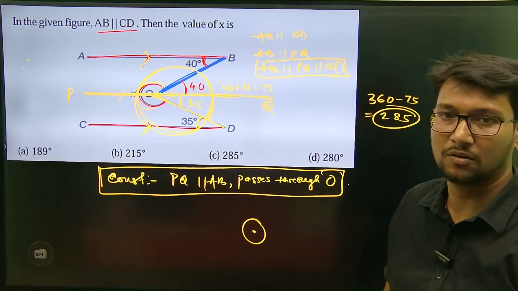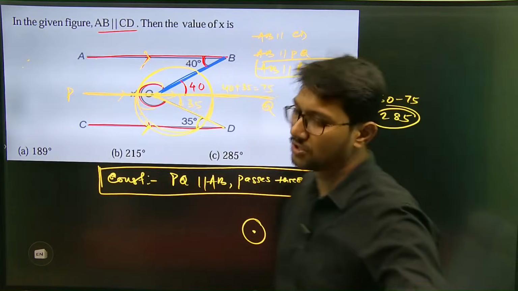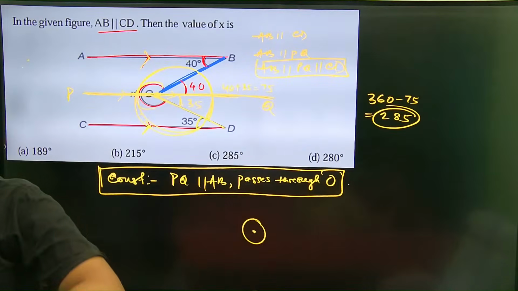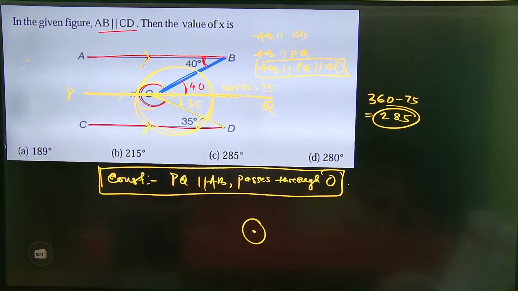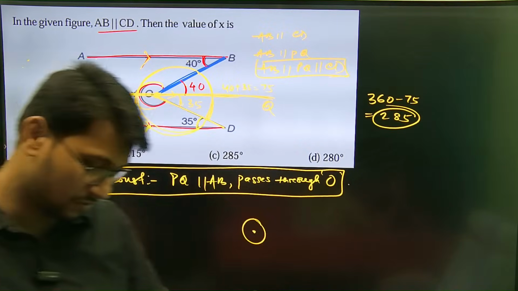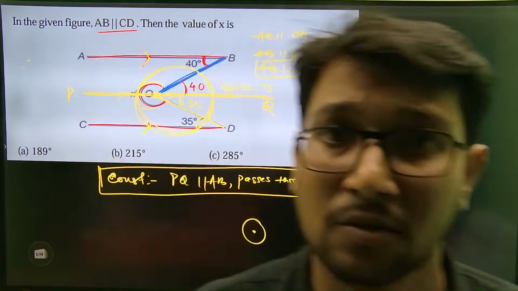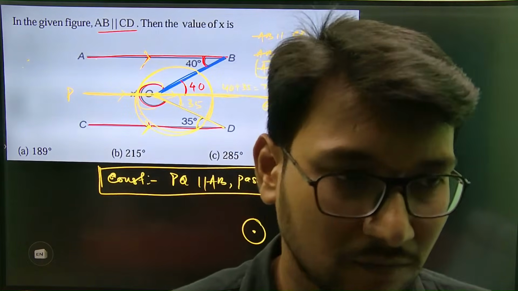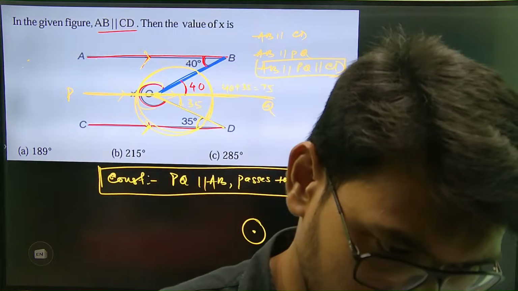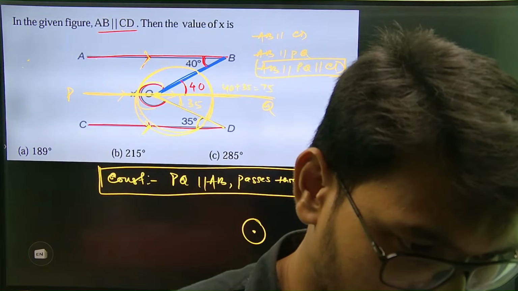Okay, let's go to the next question. How many questions are over? Tell me, 10 questions, right? Our target is actually 20 or 25 questions. You'll leave now, 7:40 is the time. If you want to go, you can, but wait for some time. How many of you want to go? Did you tell your parents to come?